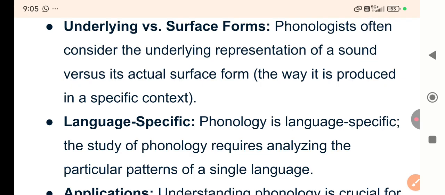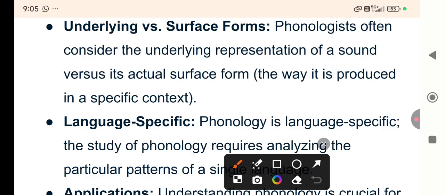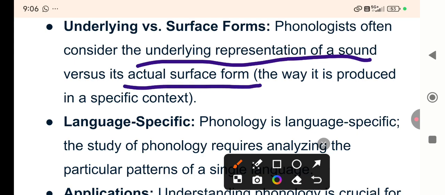So what are underlying forms or surface forms? I gave you an example. Another example we can say is pin, right, and spin.